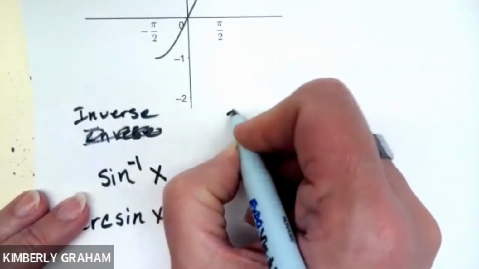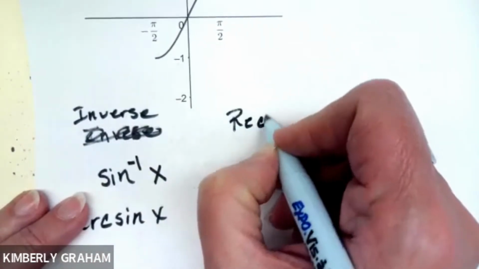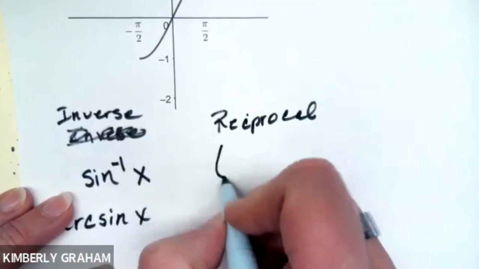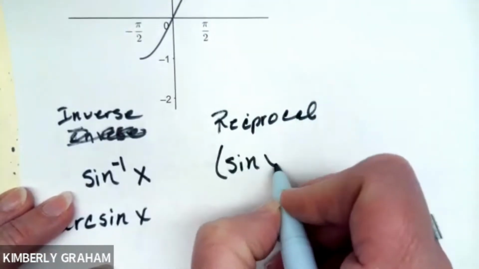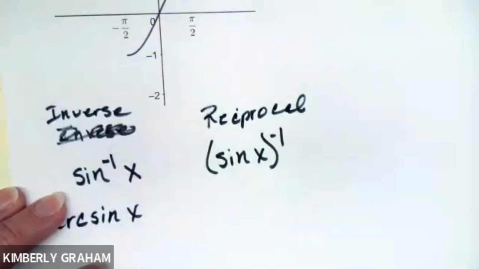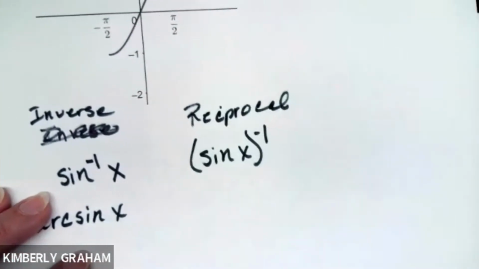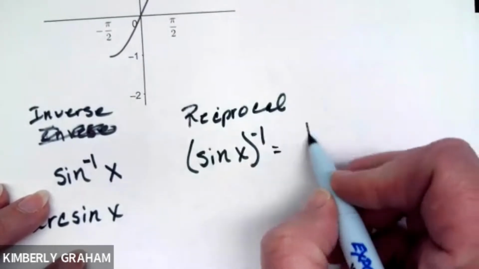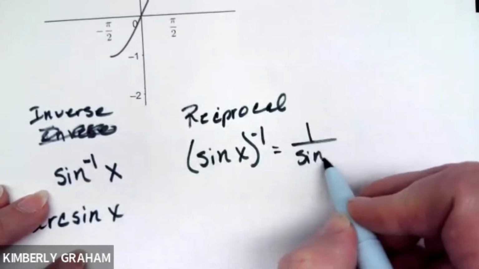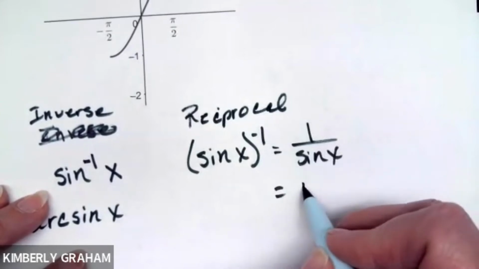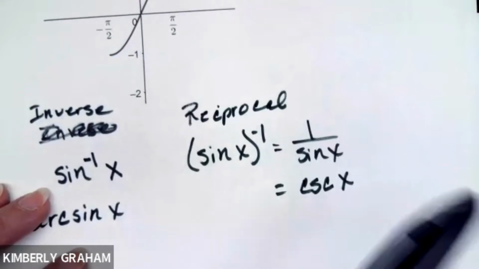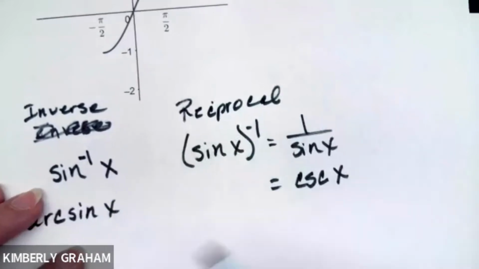Do not get the inverse confused with a reciprocal. If I wrote sine x and then took all of that to the -1 power, this is an exponent that's going to mean 1 over sine x, and that is cosecant of x. So be sure that you understand the difference here.